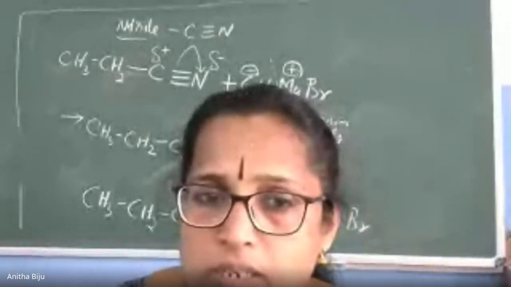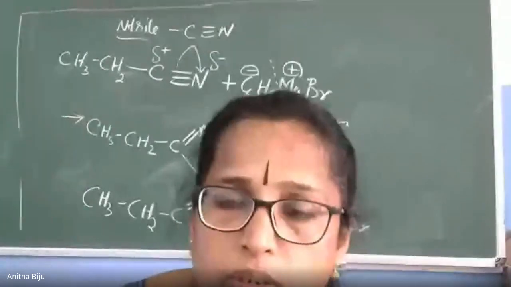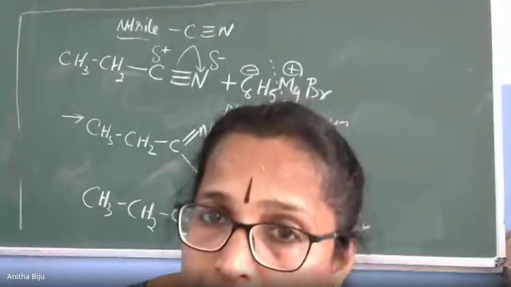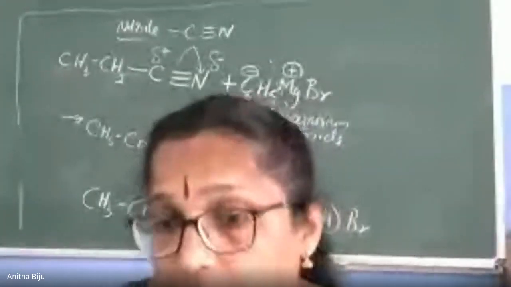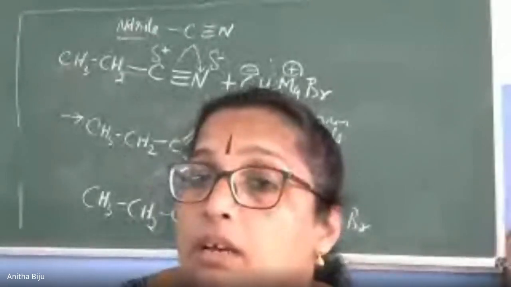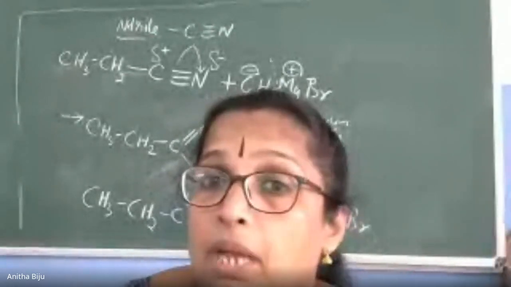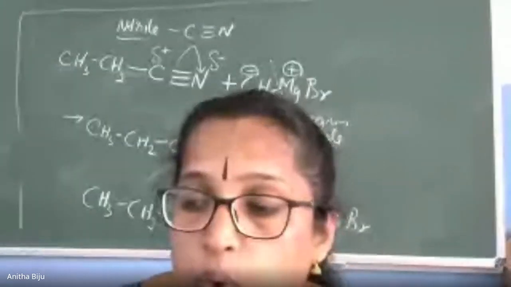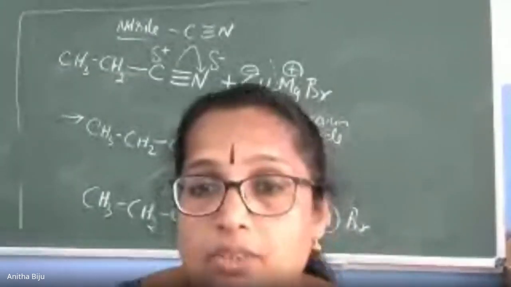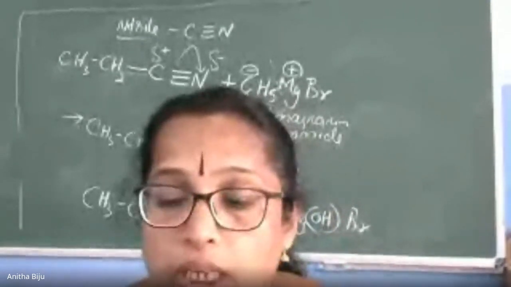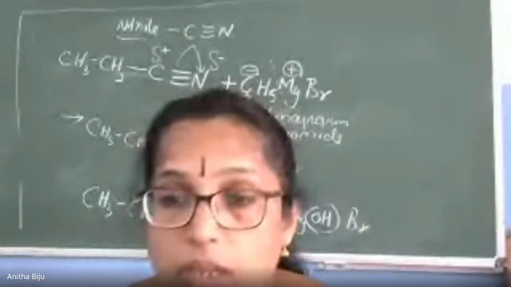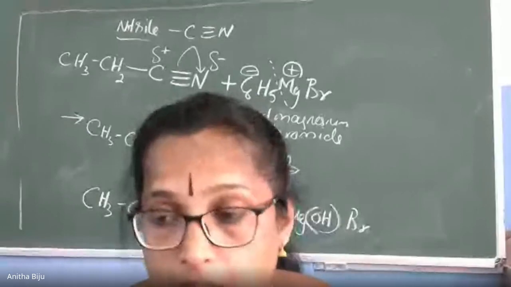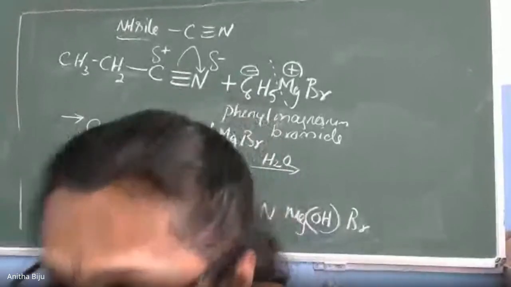There is no change in the mechanism. So try to learn that mechanism, and you can write any addition reaction by following it. That's why it is important. Write the heading: nucleophilic addition reactions. Now I will write the mechanism. Try to understand first.